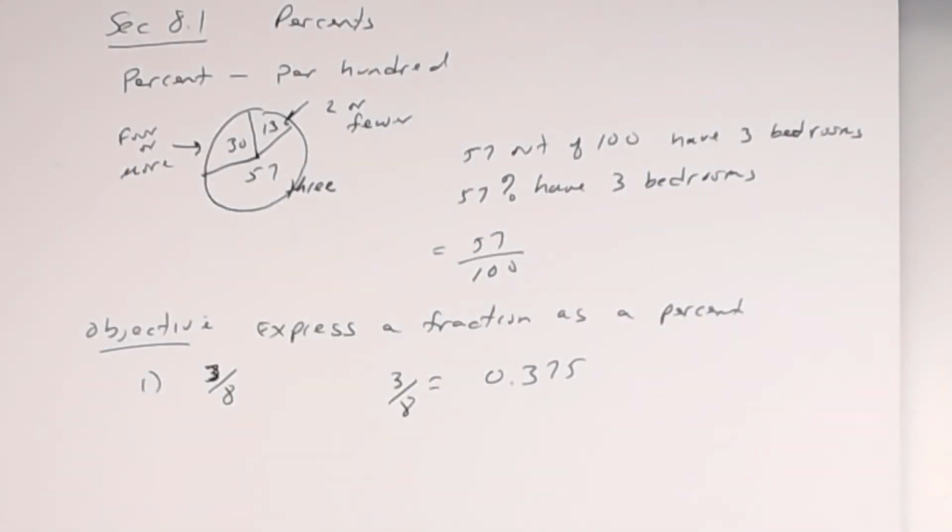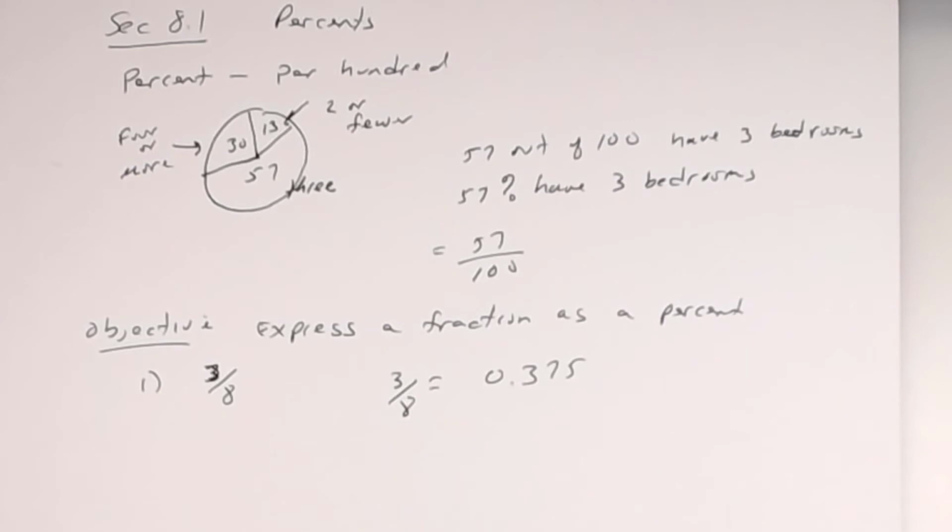What I want to do, though, is write this as a percent. So I want to write that decimal as a percent. You have to remember something about writing a decimal as a percent. If you're given a decimal and you want to write it as a percent, you move the decimal point 2 places, and it's 2 because per 100. How many zeros in 100? It's 2. So think of it that way. So you move the decimal point which way?